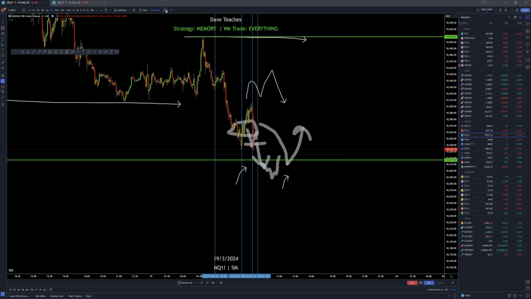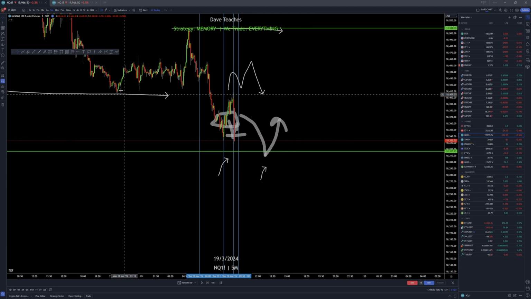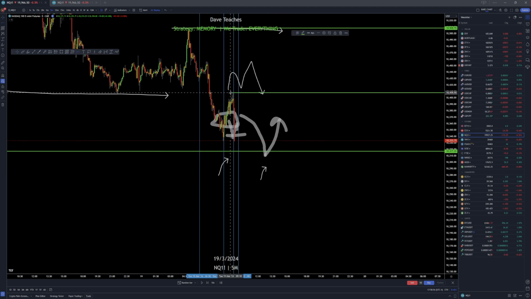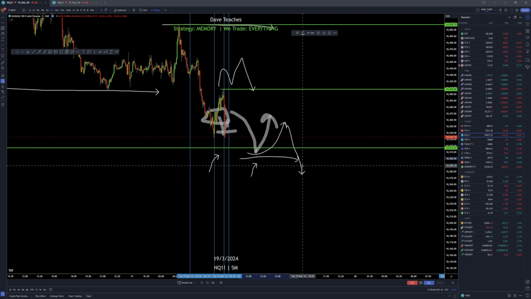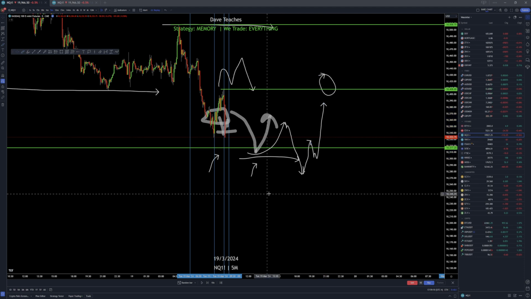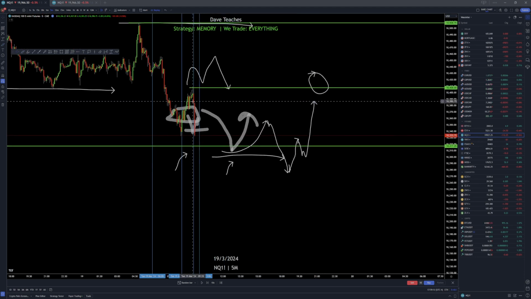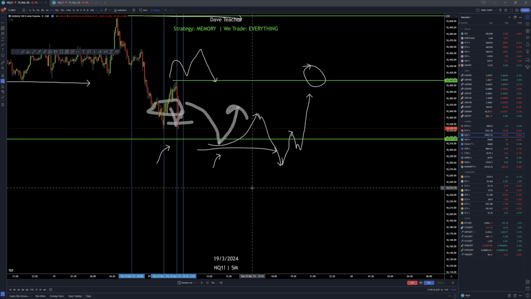You've got to be mindful of that. So this would be the zone at the bottom of the range. If this manipulates this low, then trades higher, we can trade back into that zone, remember, and take that low, and then look to run up like that. Unless we start to get those imbalances that are forming and running us in that direction.